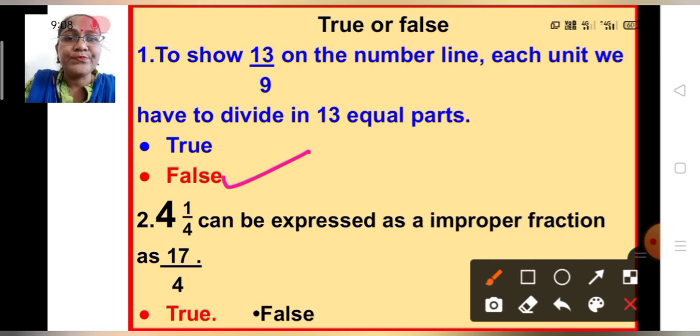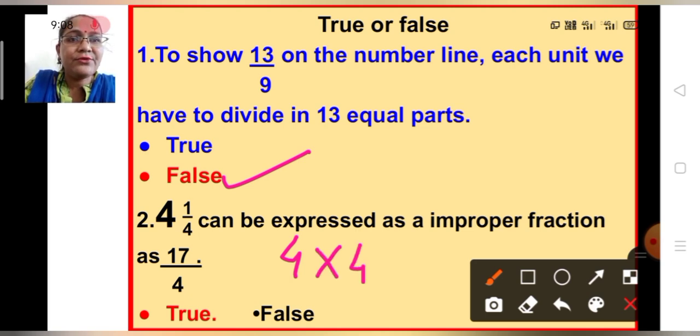Question number 2. 1 by 4 can be expressed as a mixed fraction as 17 upon 4. For this children, to convert mixed fraction into improper fraction, I have told you earlier how to do this. Let us solve. Now 4 here is in the denominator, that we are going to multiply by the whole.